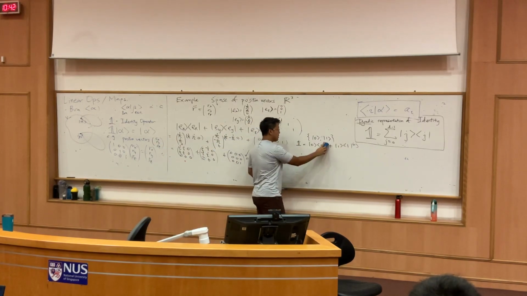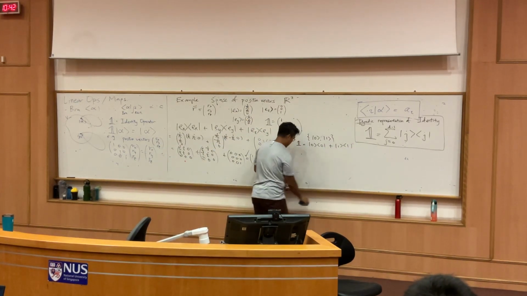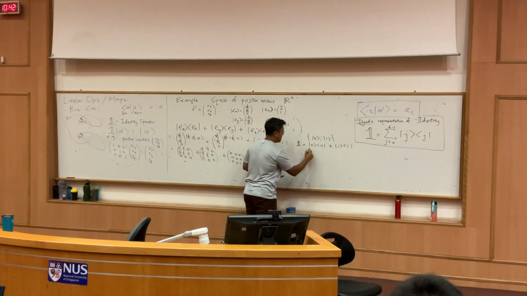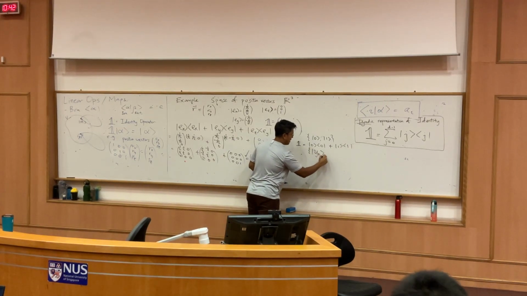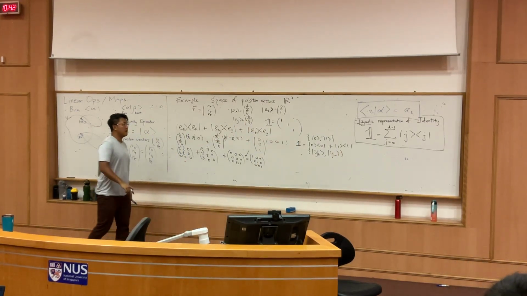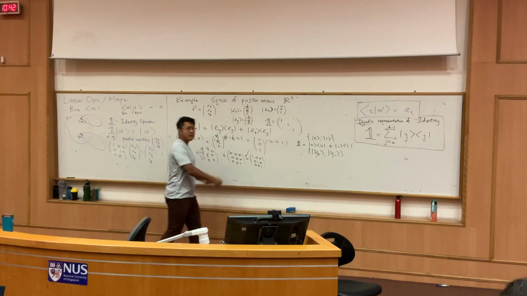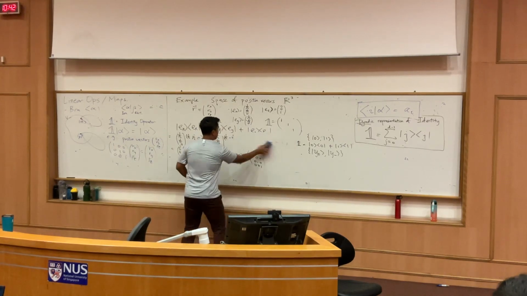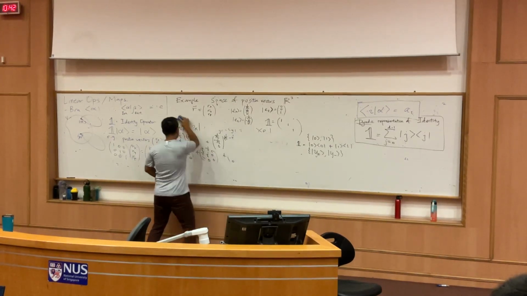But we also showed that the basis y plus and y minus was also orthonormal. So that should also be valid. We can also use that as the resolution of the identity.